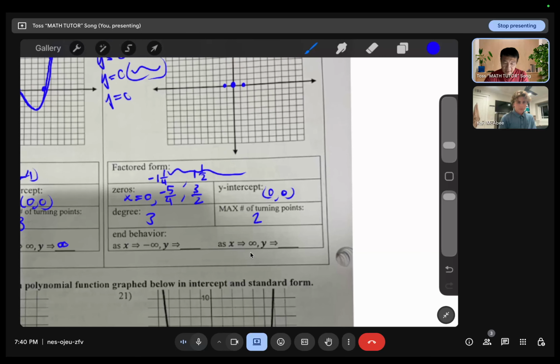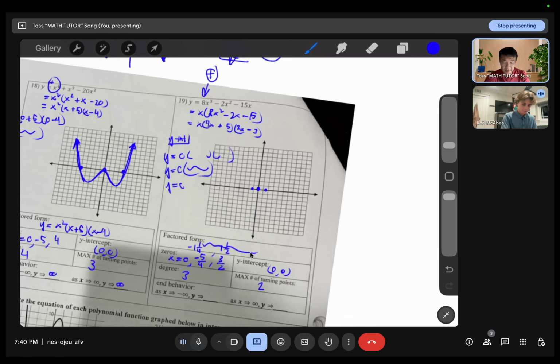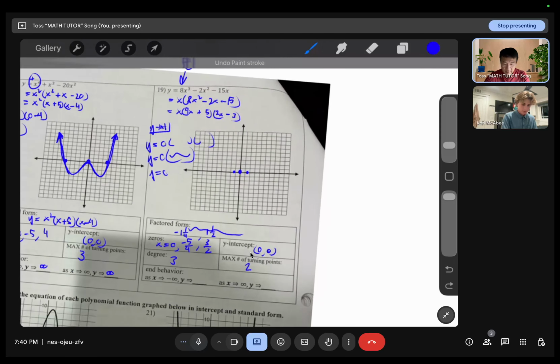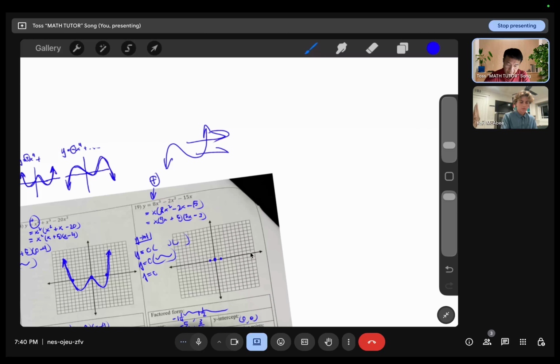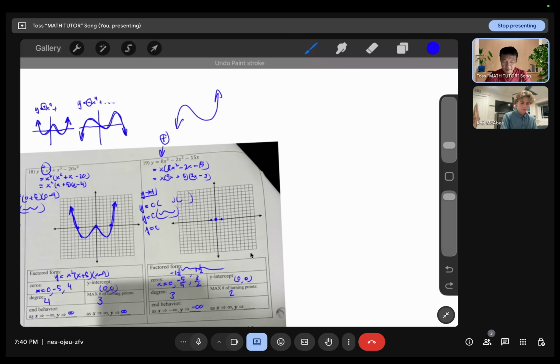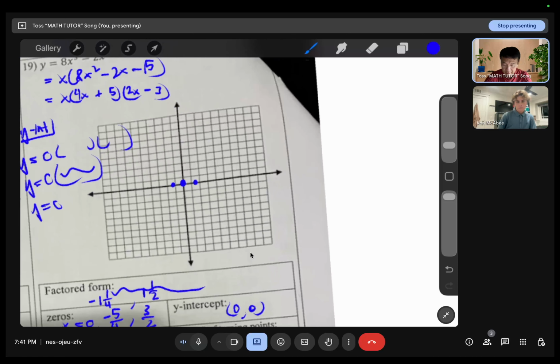Let's do that first. As x approaches negative infinity, your y is down, so it approaches negative infinity. As x approaches positive infinity, your y will be positive infinity, or just infinity. Now let's sketch this thing.